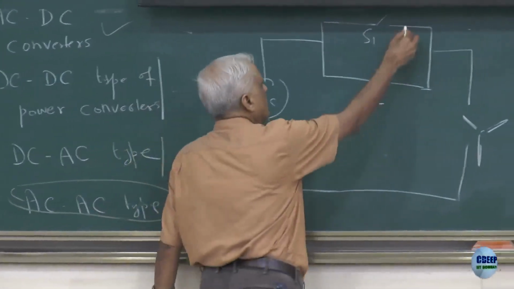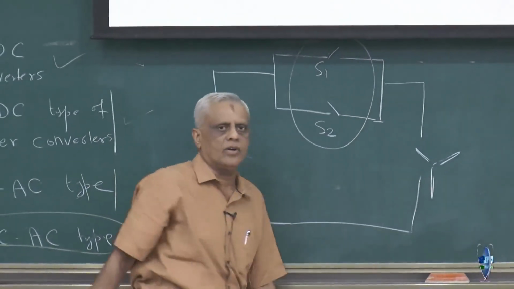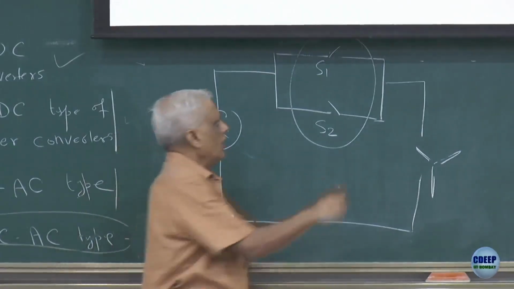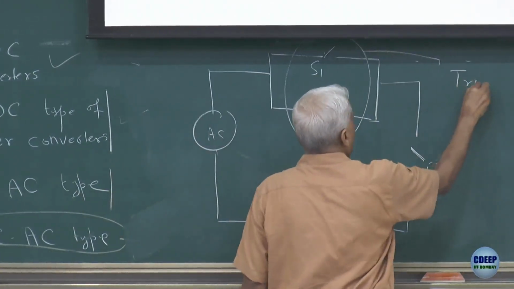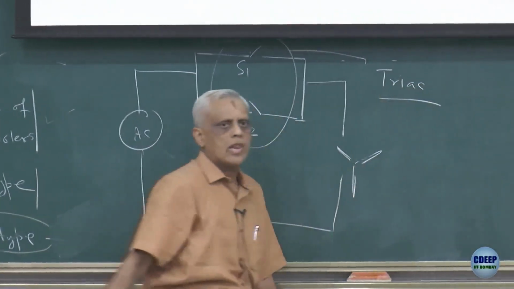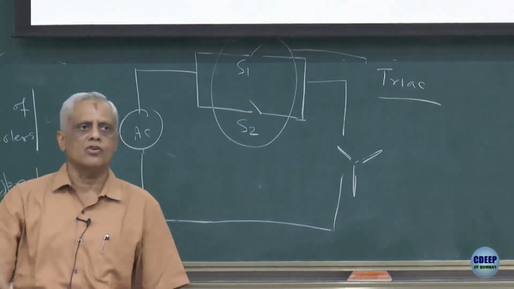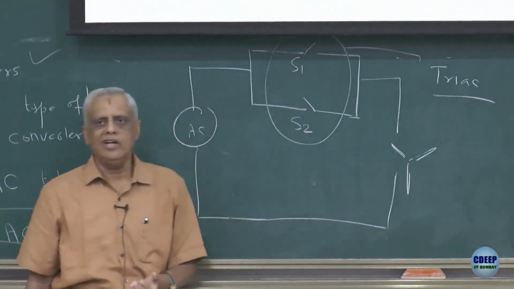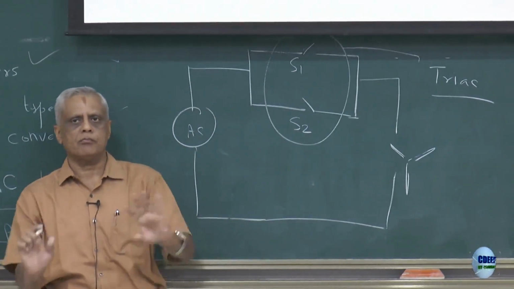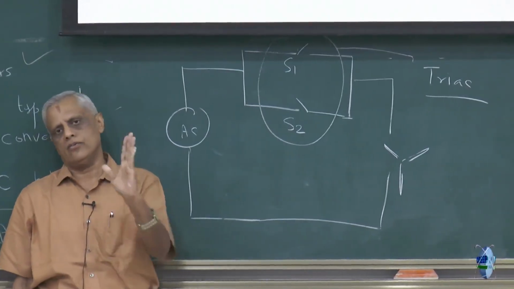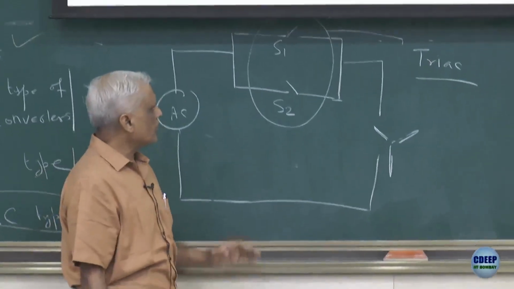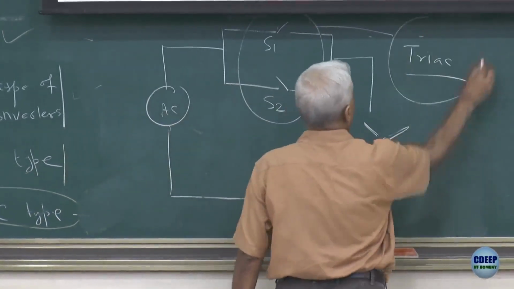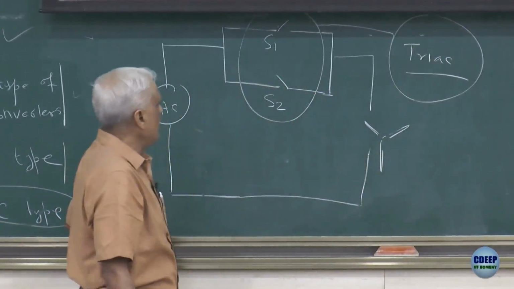And such is the popularity of this kind of circuit that people came up with a combination device which was called a triac, with only one control pin, because both of them are symmetrically controlled. So whatever pulses or control you are applying, it's at symmetrical points. So triac was a very popular, still popular device which is used here.